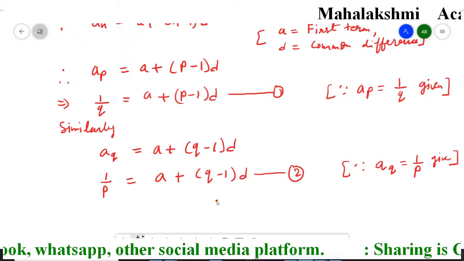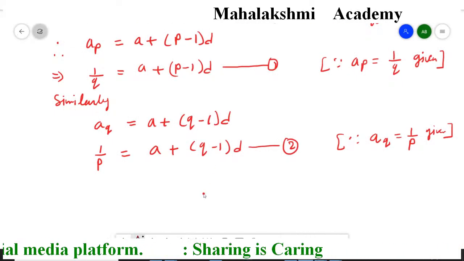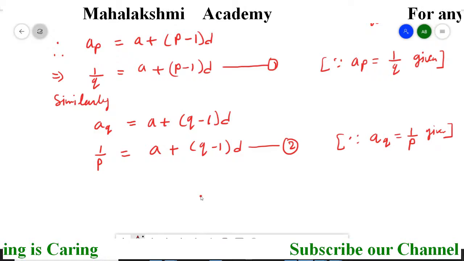Now we have to solve both the equations. To solve them, I am going to subtract them. On subtracting equation 1 from 2 or 2 from 1, it's up to you.